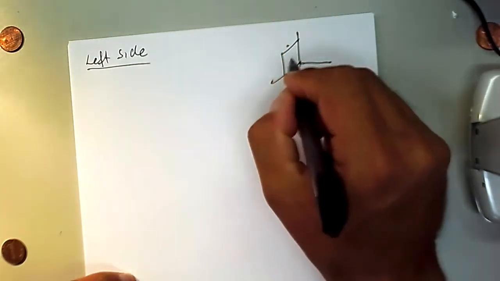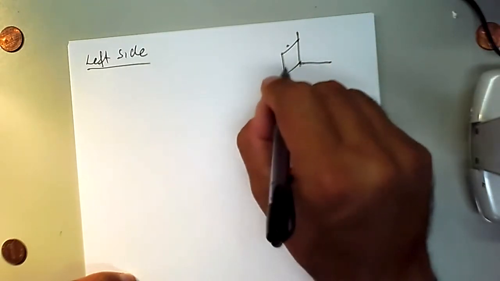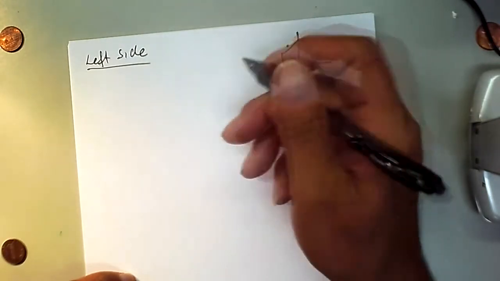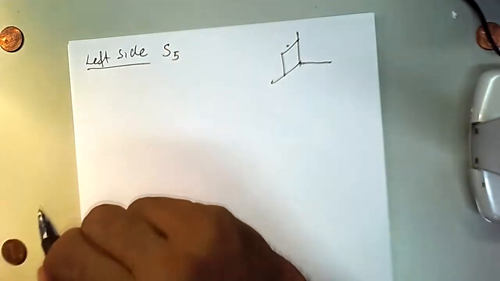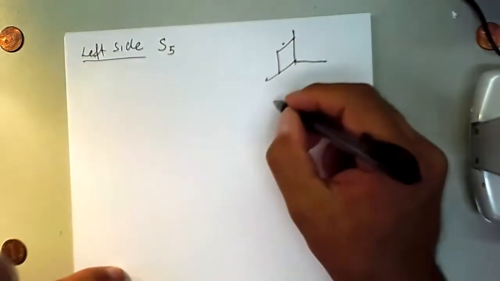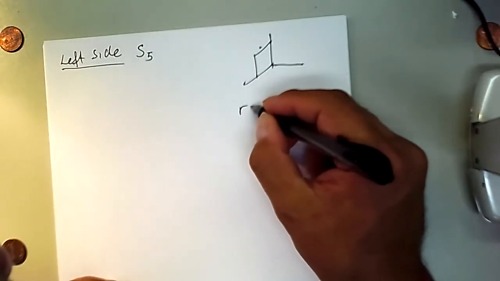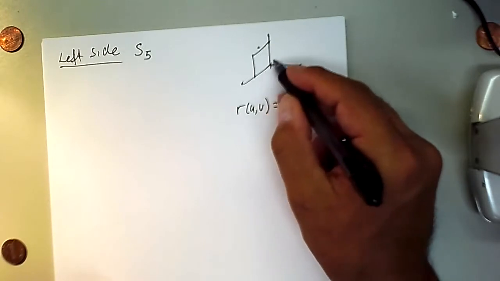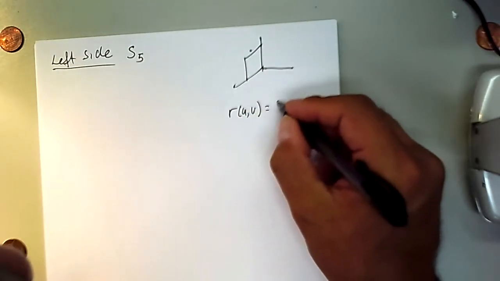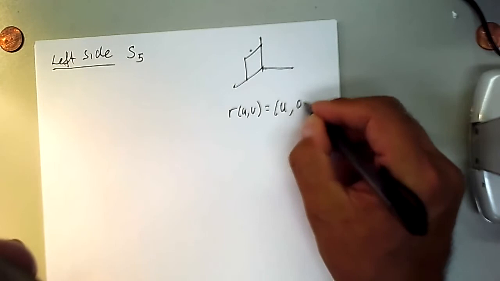So it's not its left side, it is the left side as we perceive it. And let's label that as S5. Well, the parameterization will have to be, okay, so R(U,V), let's see, Y would have to be 0 at all times, so we can just do (U, 0, V).